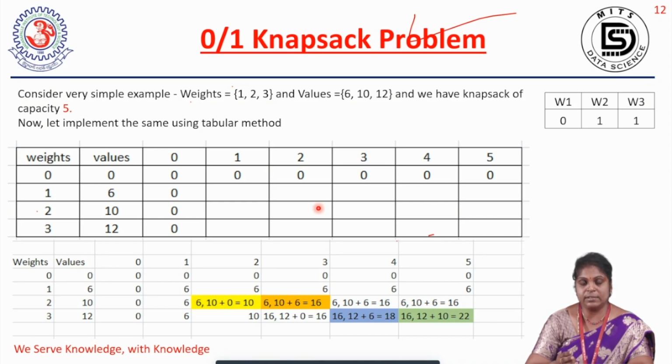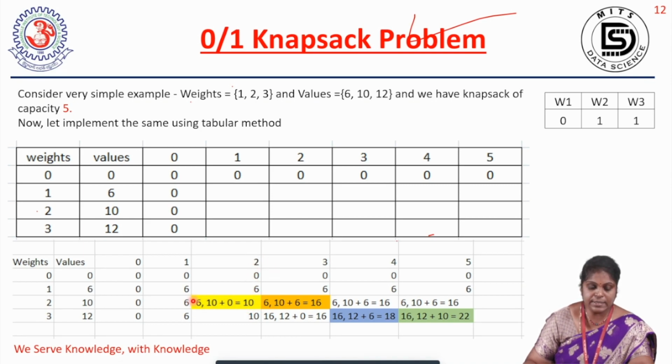Item 1 weighs 1 kg, item 2 weighs 2 kg. So I cannot keep both because the bag size is only 2 kg. I can keep either item 1 or item 2. Item 1 gives a profit of 6, item 2 gives a profit of 10. Among these two, the maximum is 10. So I'll keep item 2 instead of item 1. That's why, if you see the 2 comma 2 entry, it is filled with 10.